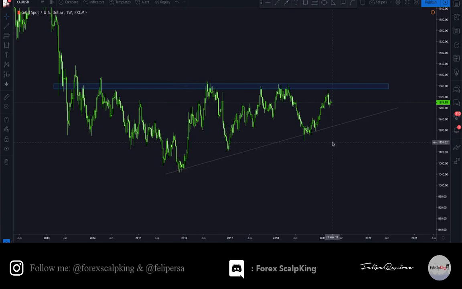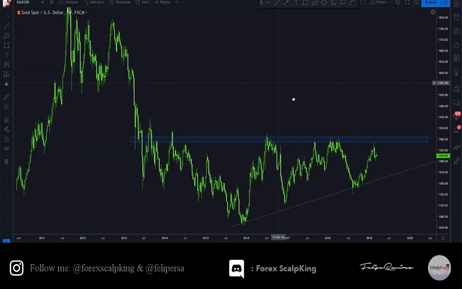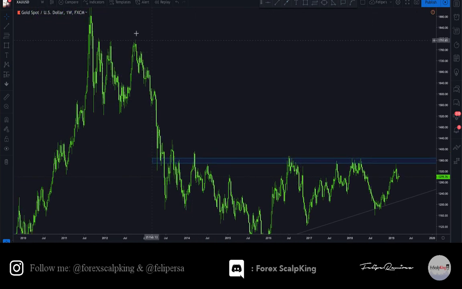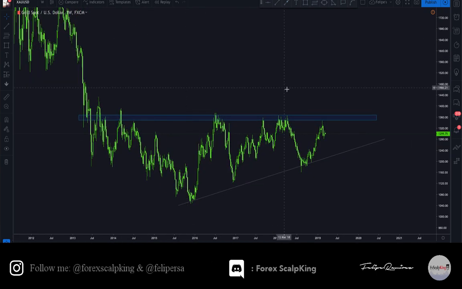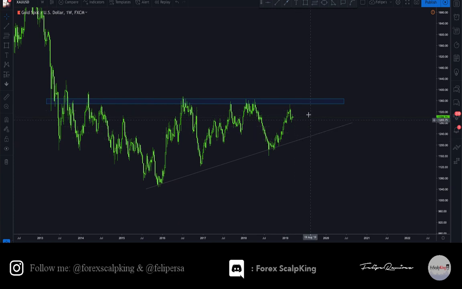So yes, on a very long term, gold might actually break out of this resistance and go all the way up to find these higher resistance areas. But we don't care about that. We don't need to even think about that. We want all this initial area over here and possibly the breakout of this key weekly trend line.